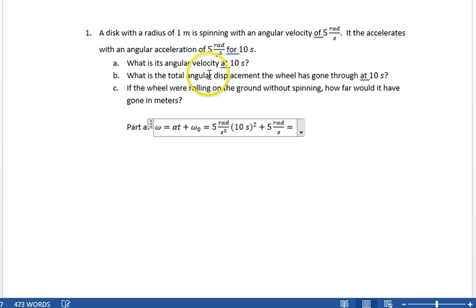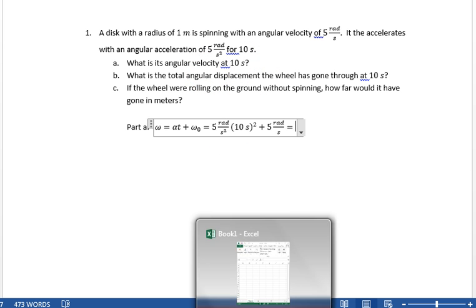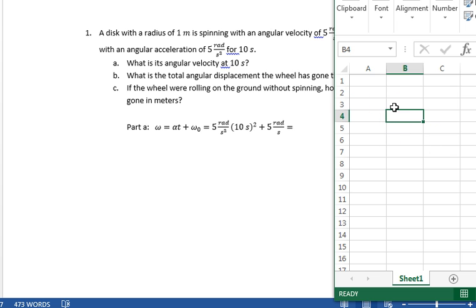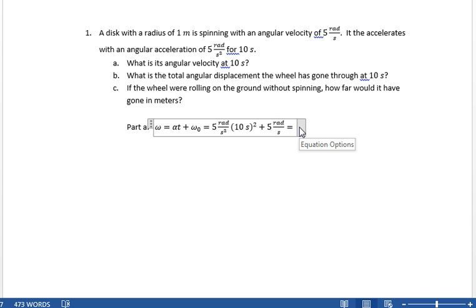So the angular velocity at 10 seconds equals 5 radians per second squared times 10 seconds plus 5 radians per second, which is 55 radians per second.